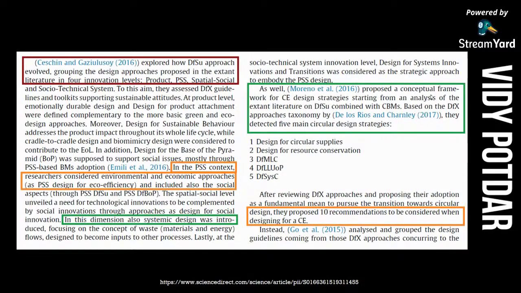Monero proposed a conceptual framework, so that is their contribution. Starting from the analysis of extant literature, based on the DFX approaches taxonomy, they detected 5 main circular design strategies. So you're using an existing framework that is proposed in some other article.